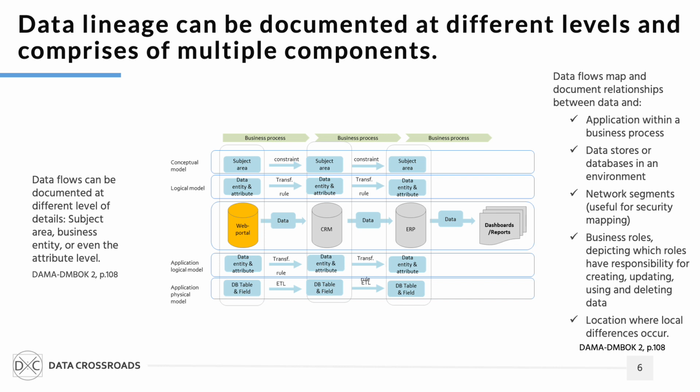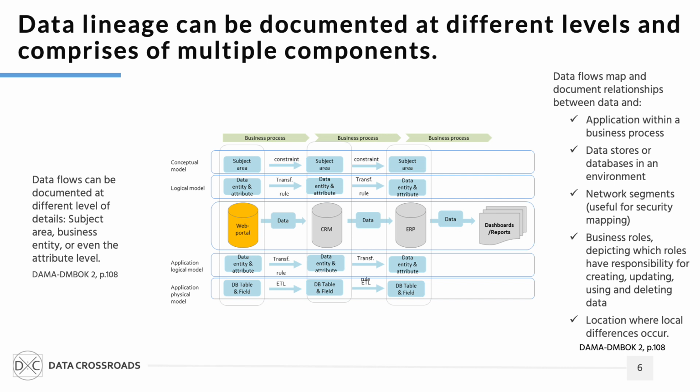At this level, we speak about application flows and/or dataset flows. Each application has its logical and physical data models. So in this case, you document data lineage at the level of data entities and data attributes, or tables and columns.